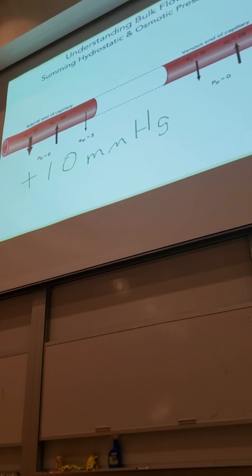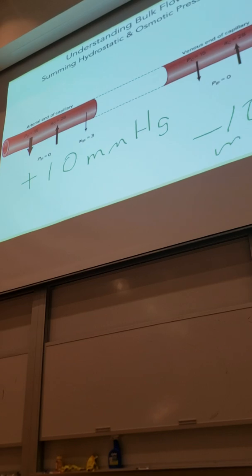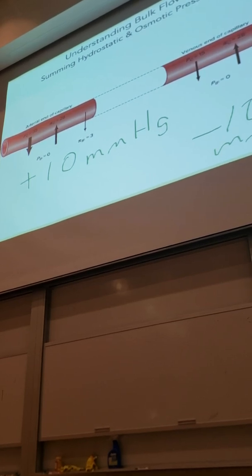And then on the venous end, what is it? It's minus 10. It's actually a little less than that, but we're okay. So positive values are fluid leaving. What do we call that process of fluid leaving? That's filtration. Negative filtration is reabsorption.